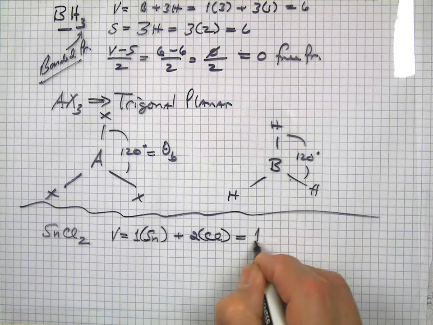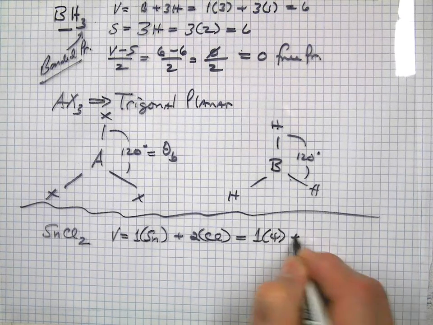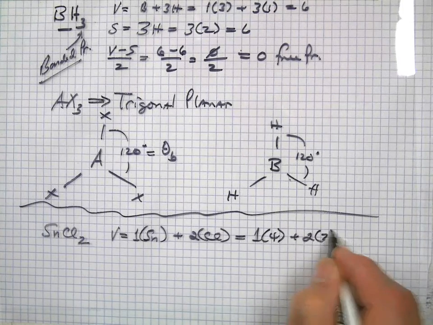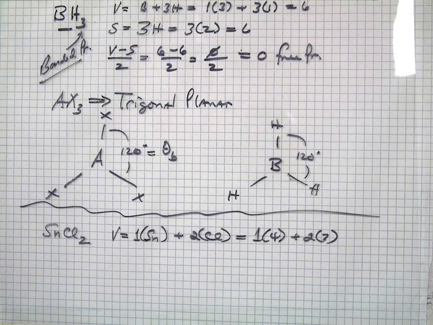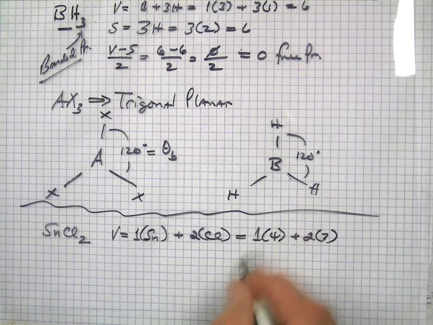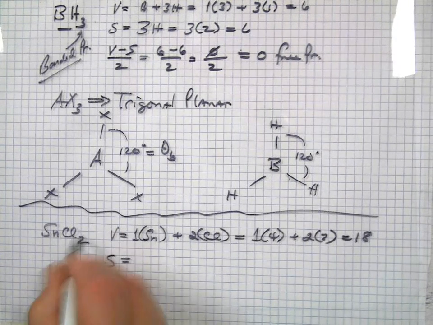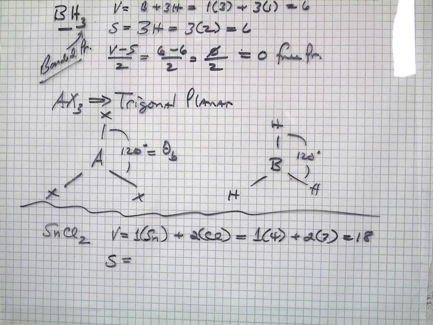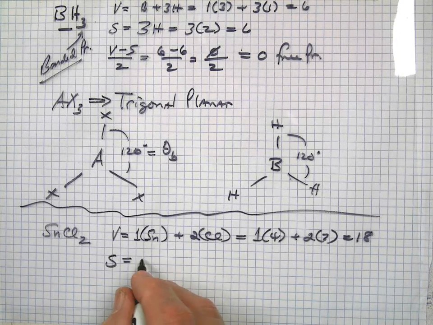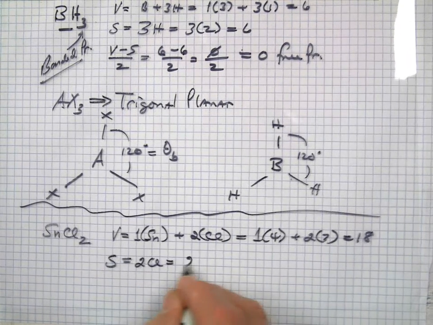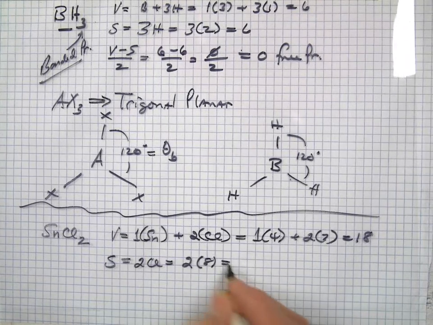It is 1 times 4 plus 2 times 7, which is 18. For the substrate, you have 2 chlorides, and a full shell on the chlorides is 8, so 2 times 8, or 16.